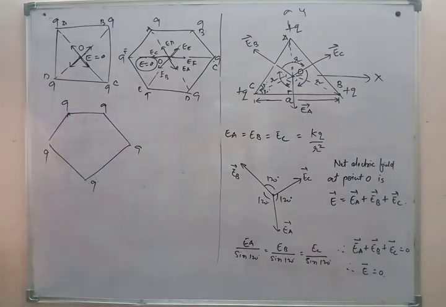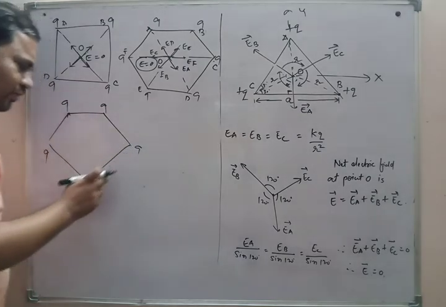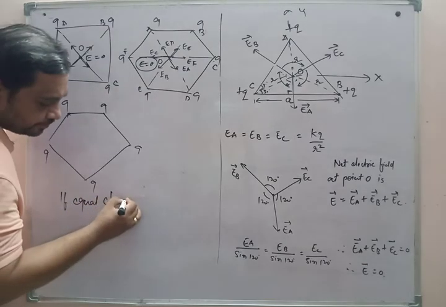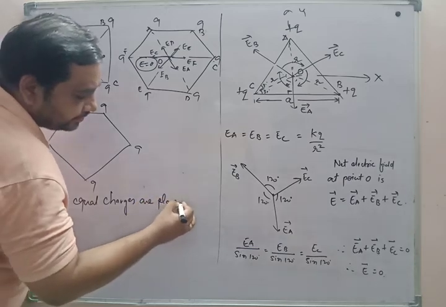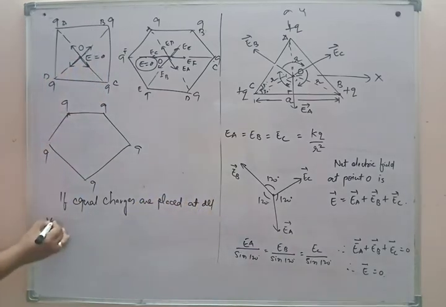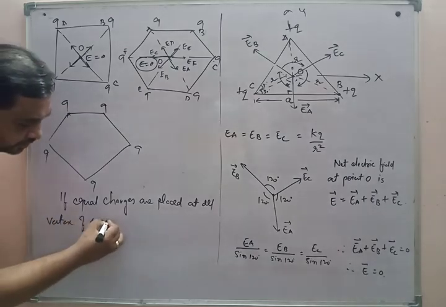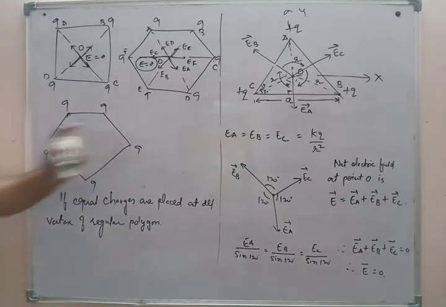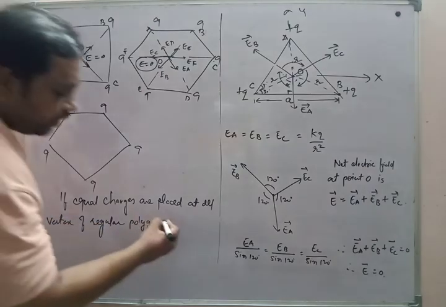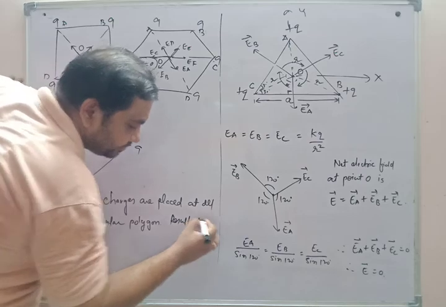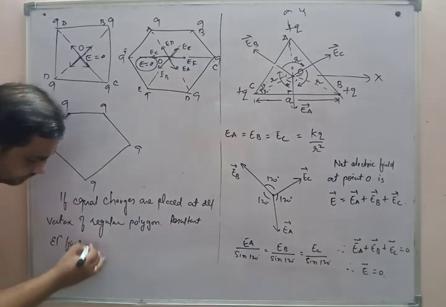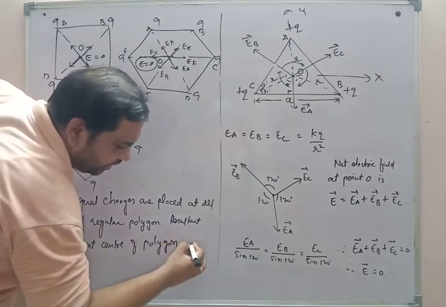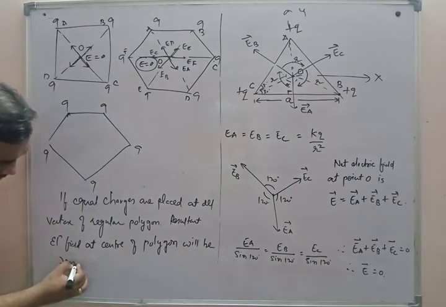Any regular polygon, and if you are placing equal charges at all its vertices, the resultant electric field at the center of that particular polygon will be 0.